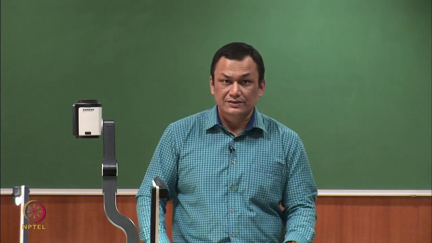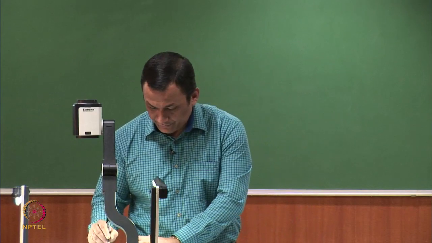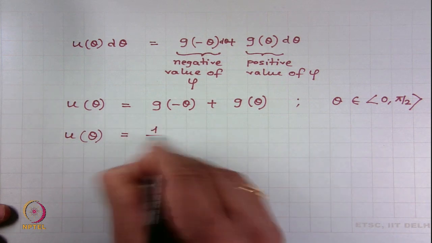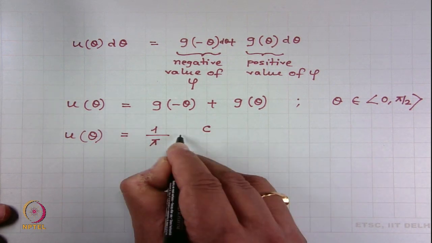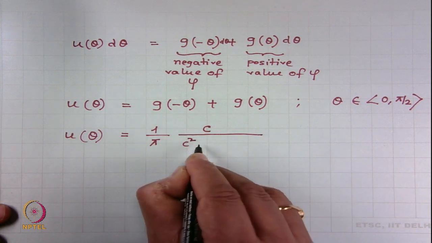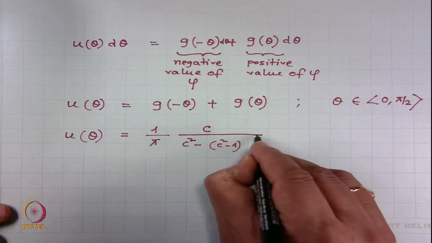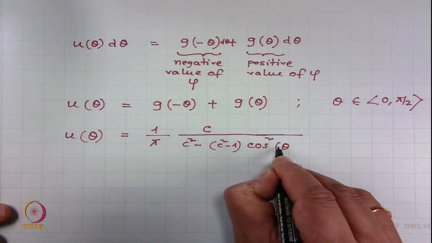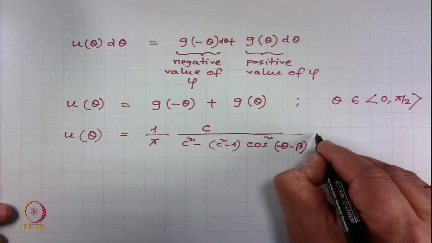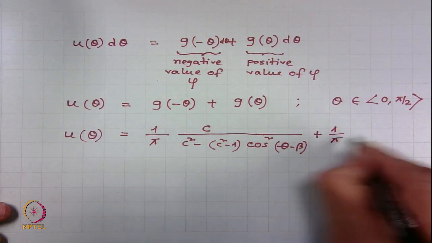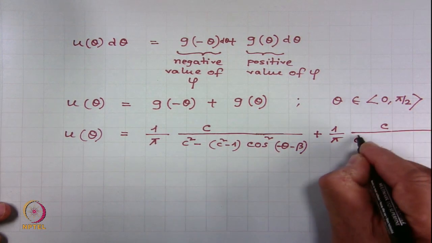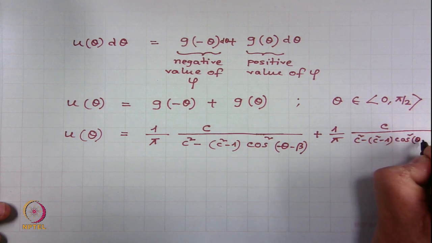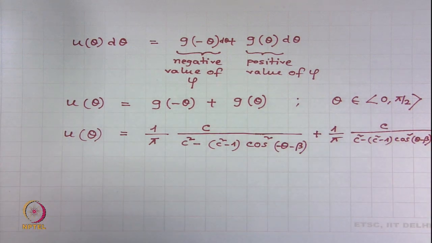Using our earlier expression, what can we find out? u theta is equal to 1 by pi times c by c square minus 1 times cos square of minus theta minus beta, plus 1 by pi times c by c square minus 1 times cos square of theta minus beta, right.